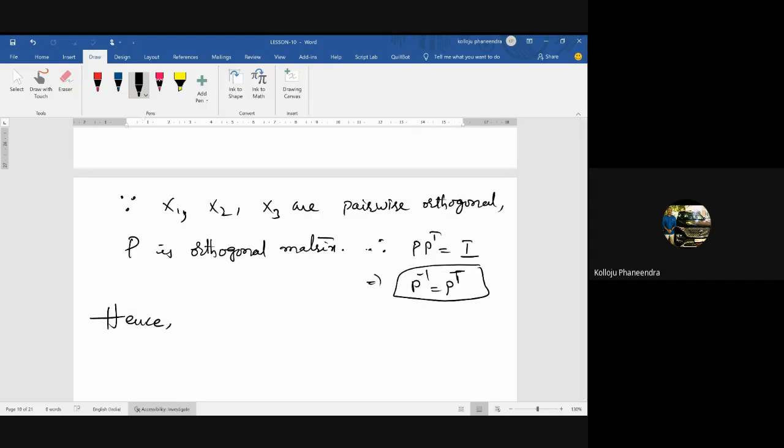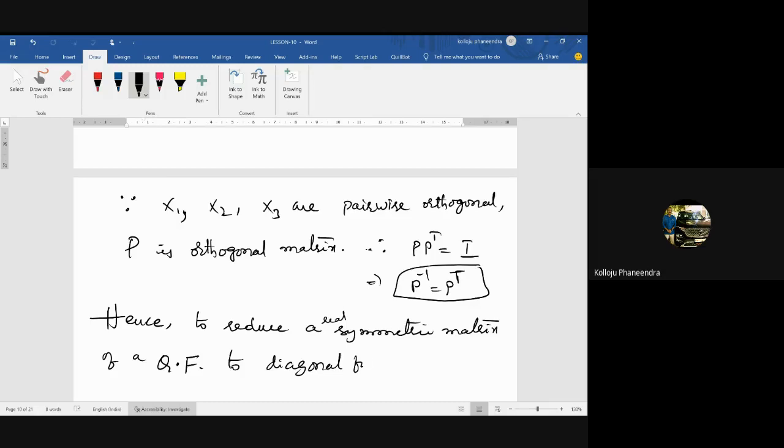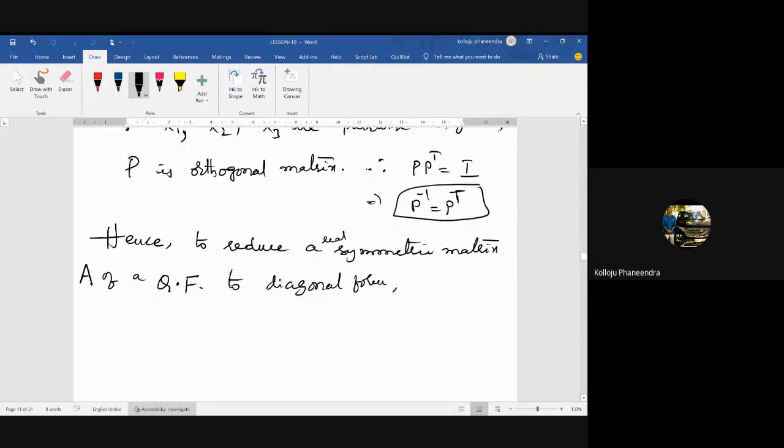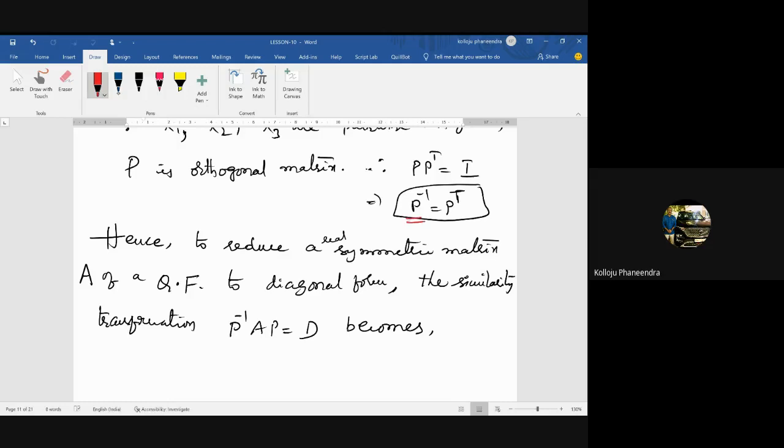Hence, to reduce a real symmetric matrix A of a quadratic form to diagonal form, the similarity transformation, P inverse AP equal to D, becomes P transpose AP equal to D, since P inverse is nothing but P transpose.